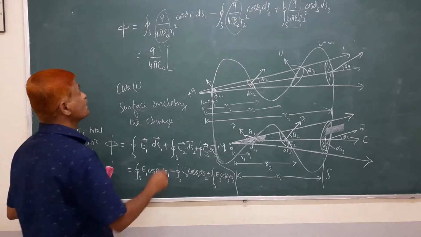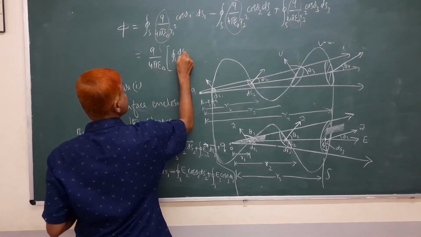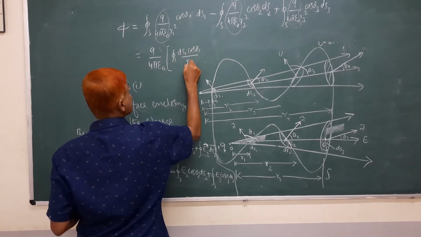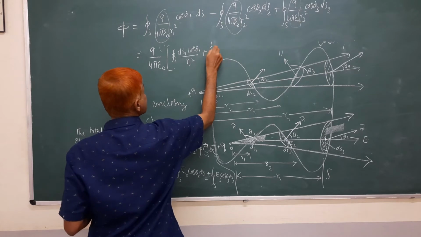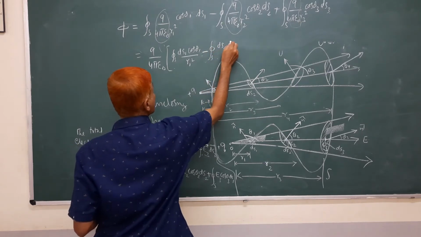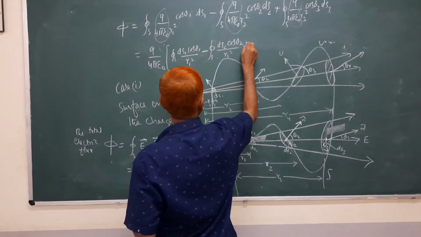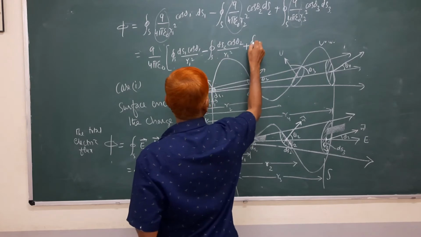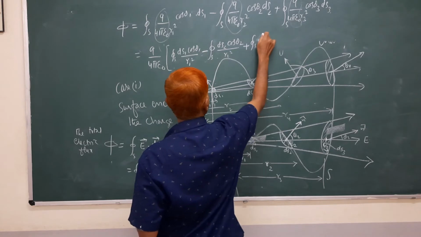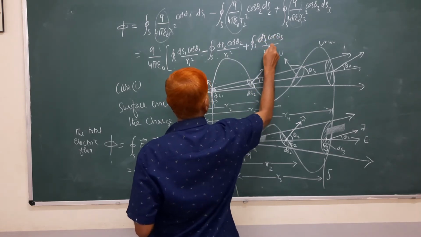What is left out here is the surface integral ds1 cos theta 1 divided by r1 square, minus the surface integral ds2 cos theta 2 divided by r2 square, plus the surface integral ds3 cos theta 3 divided by r3 square.